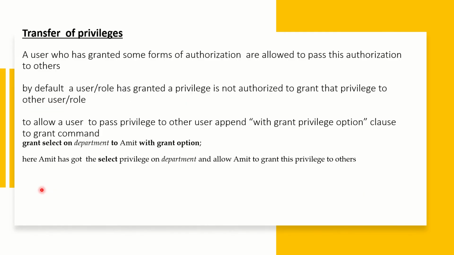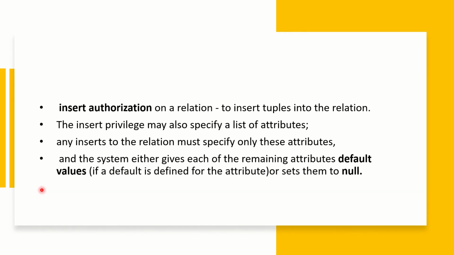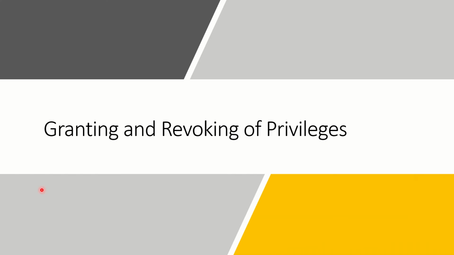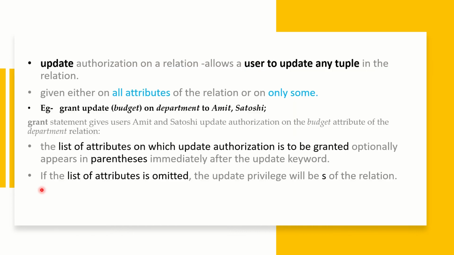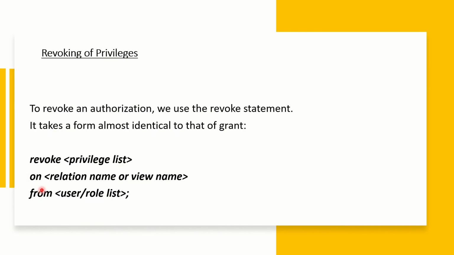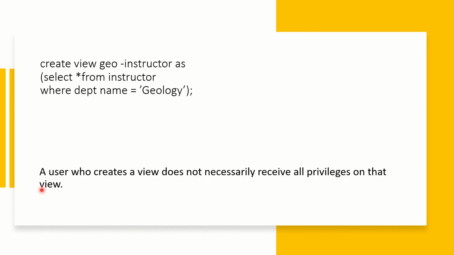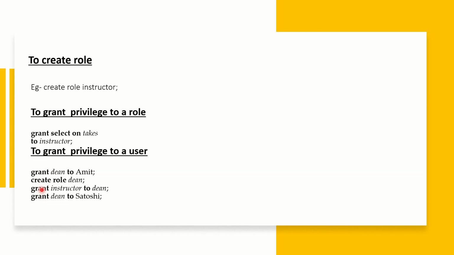Okay, those are the main topics we have to study. Here we studied authorization, granting and revoking privileges. What is a privilege in terms of data, and privileges in terms of schema. Then we studied roles: how to create a role, and how to include a person in a particular role.